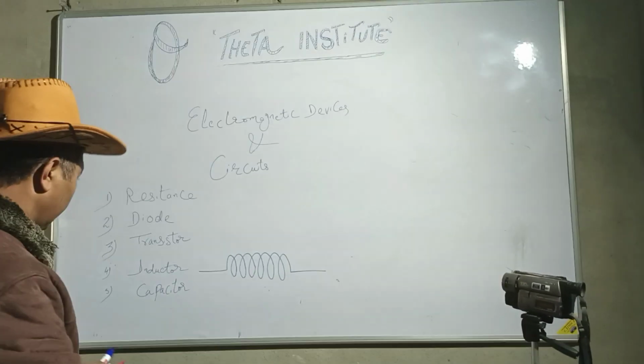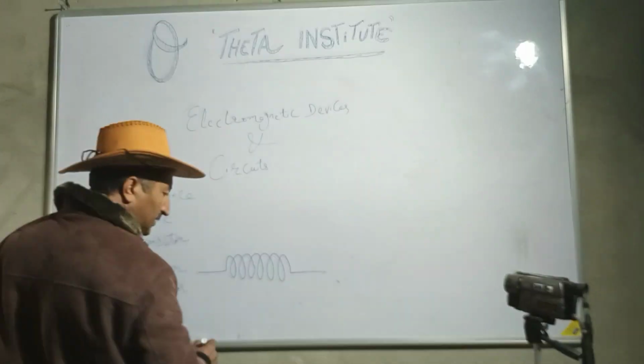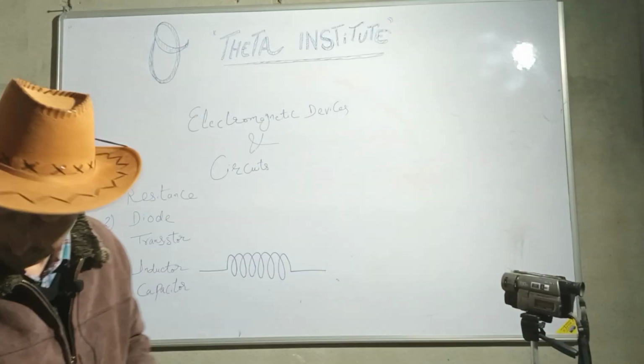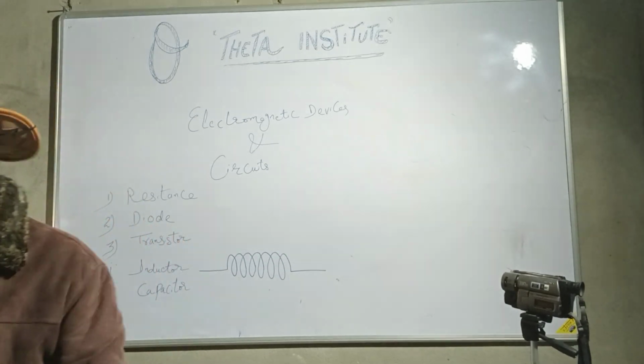And then is the capacitor. Capacitor is made of two parallel plates.